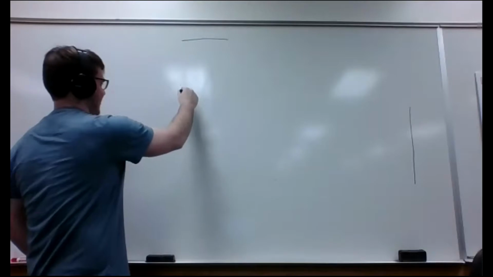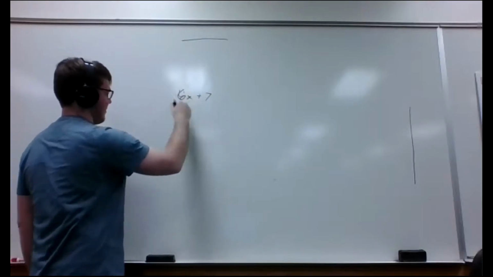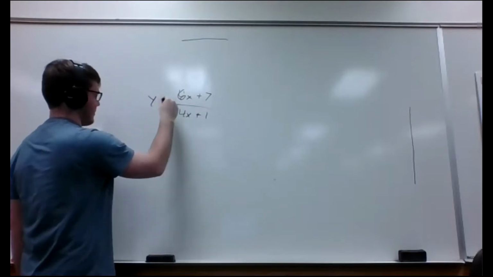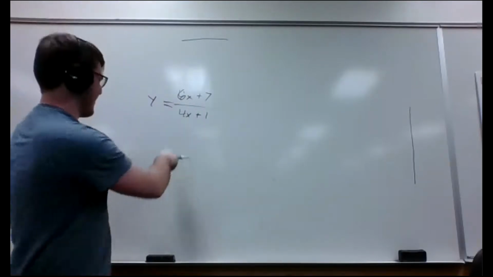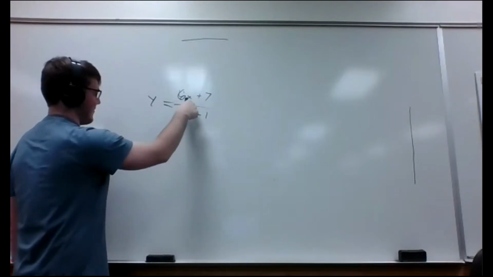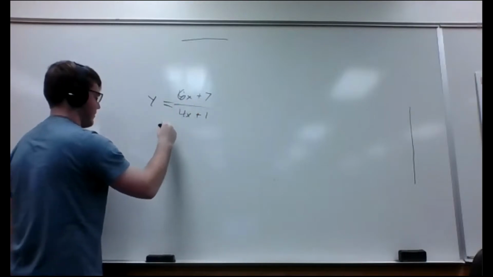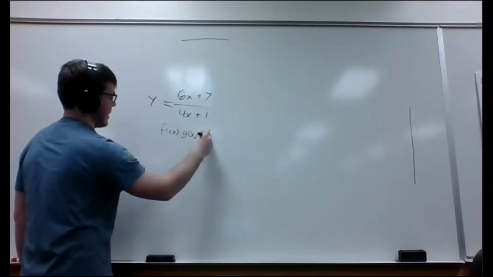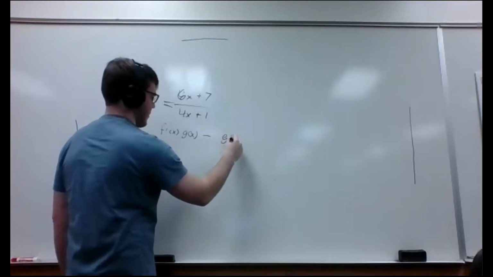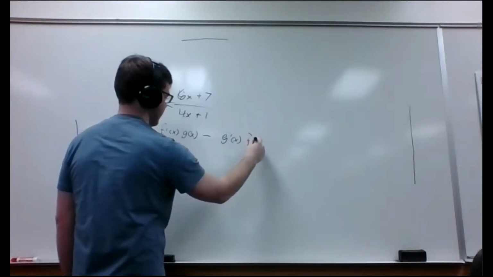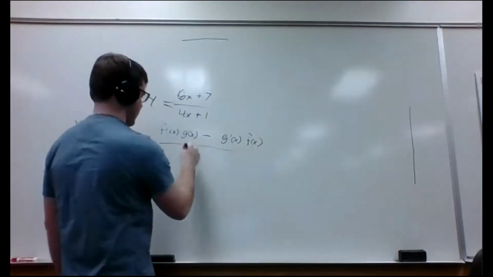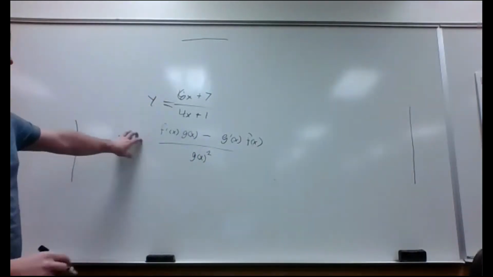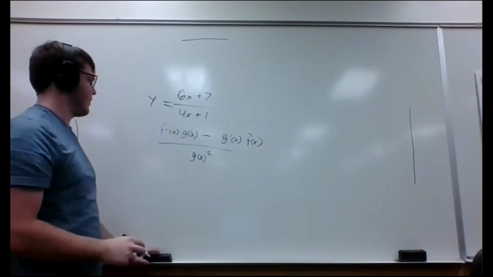So what was it, like 6x plus 7 over 4x plus 1? All right, disregard that first one. So it's the derivative of the top times the bottom, and then it's going to be minus the derivative of the bottom times the top, all over the bottom squared. So this is the quotient rule. Sorry, that was my mistake. I goofed up there.